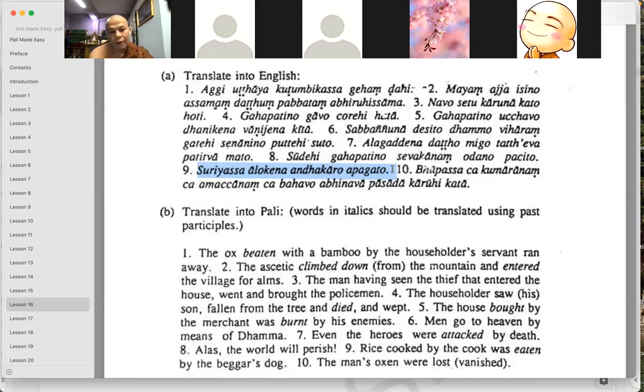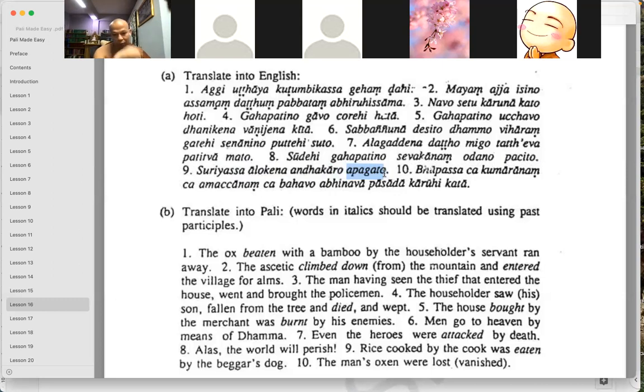Okay. Pia, can you do the sentence breakdown? So here, the same as number 8, Andagaro and Abagato. Andagaro is nominative case, that is the subject, darkness, and Abagato is the past participle of Abagacheti, goes away, went away. So Andagaro, Abagato. Here Abagato is a past participle after the noun, so that is why it has a predicate function.